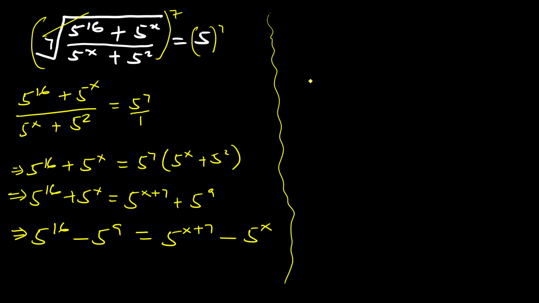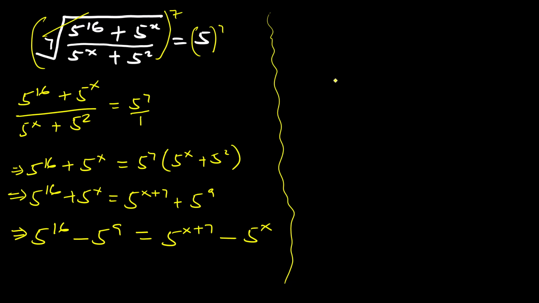So we want to do something here. Now we have 9 here. Can we adjust this so that we get 9 here? Yes. We have x here. Can we get x here? Yes, of course. We know 9 plus 7 is 16.